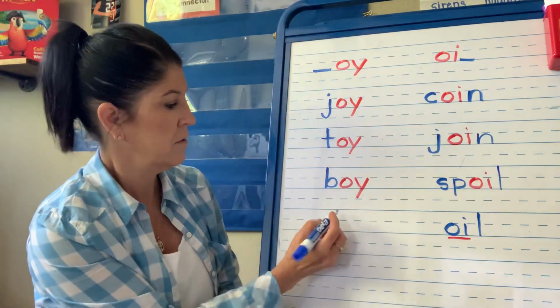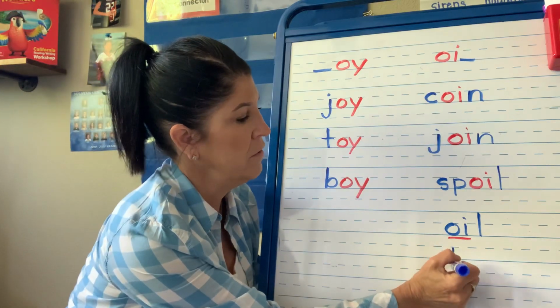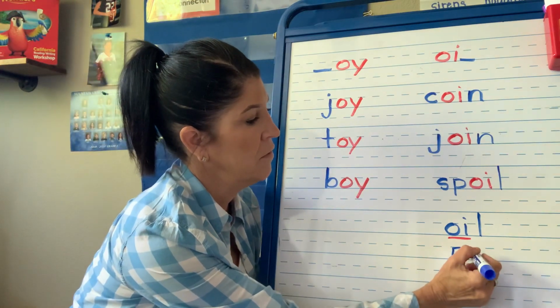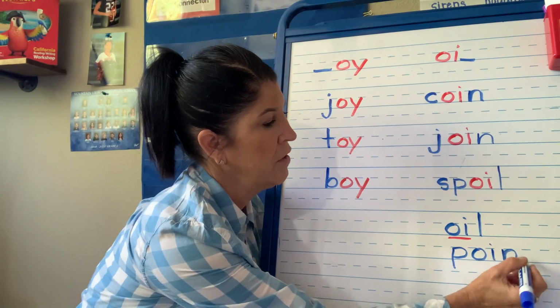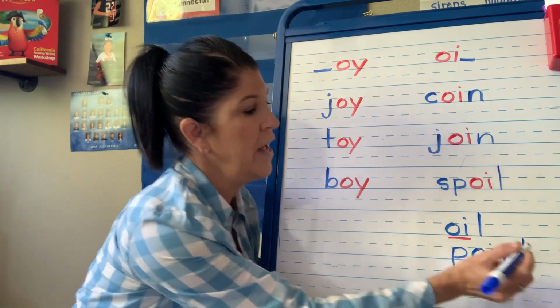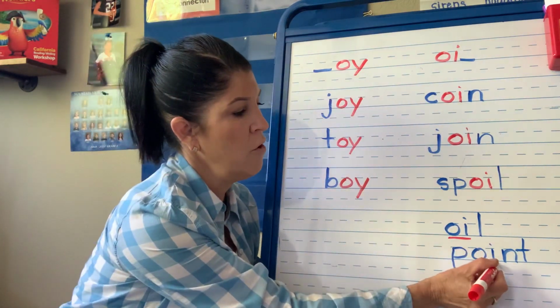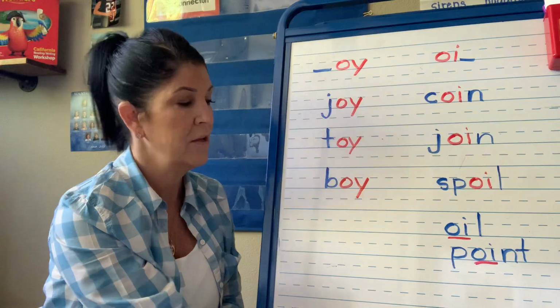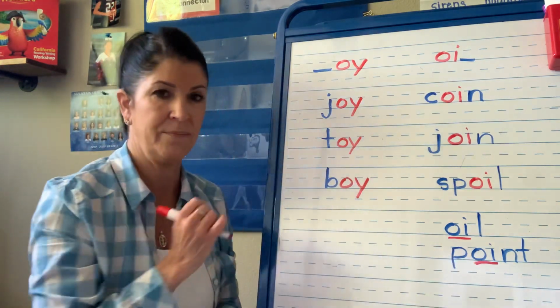Over here, I'm going to put another word. Take a look at that word and go ahead and try to read that. Say each sound. Here's our O-I that says oi. So, oint, point.